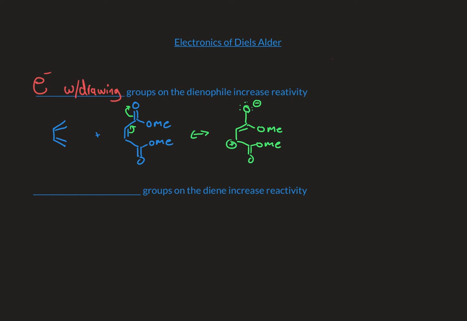And so this is an electron withdrawing group. I'm going to get rid of this now. This makes this reaction much faster. And again, this pair of electrons is going to donate to the dienophile.